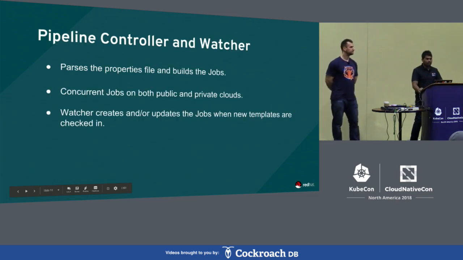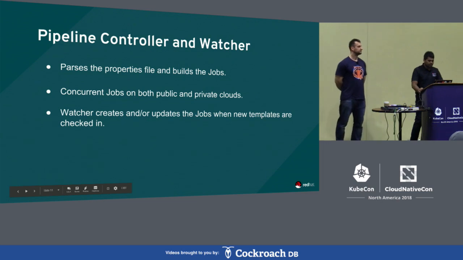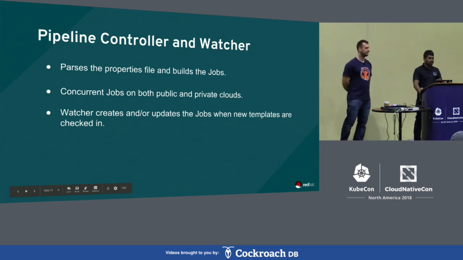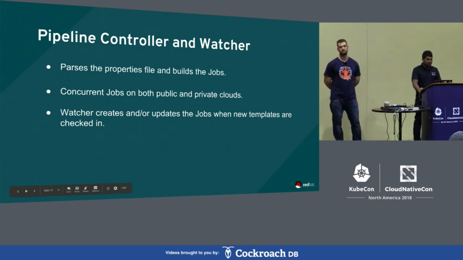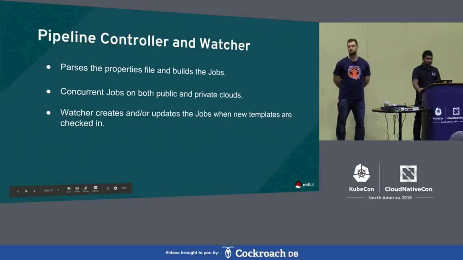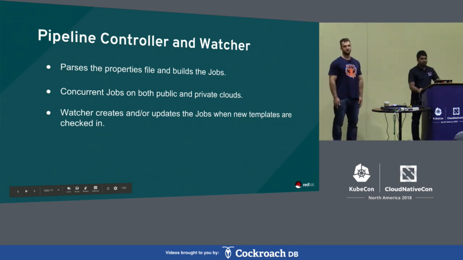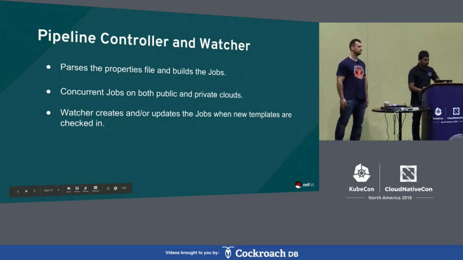The next components are the pipeline controller and watcher. Given a properties file, which is where we define the parameters needed to build all the jobs in the pipeline, the pipeline controller reads it over HTTP and then calls the respective jobs. The pipeline can run multiple jobs in parallel and supports running the jobs on both public and private clouds. We store all the job templates in a public GitHub repository.